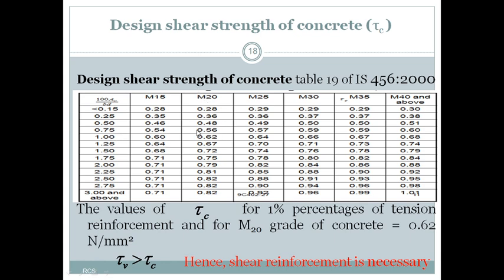For 1% and M20 we get design shear strength as 0.62 Newton per mm square. So I can say our nominal shear stress is greater than the design shear strength of the concrete. So we definitely have to go for design of shear reinforcement. According to this problem, shear reinforcement is necessary. This is how we check whether it is adequate and whether it is necessary to provide shear reinforcement.